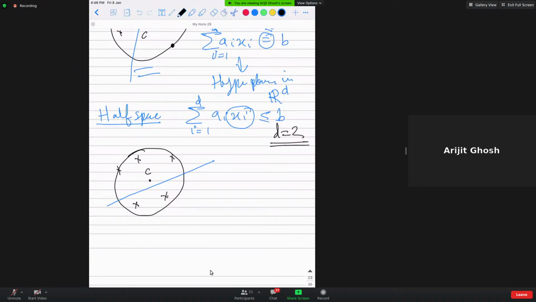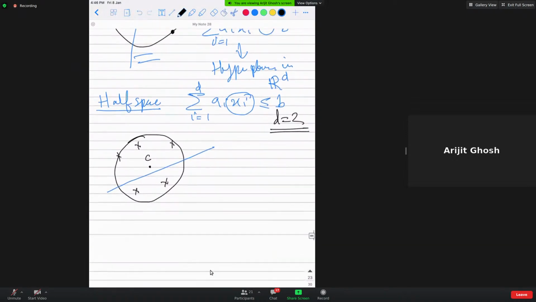Is this clear? That if a half plane contains the center of the minimum enclosing ball, then there will be a point in P that will be on the same side as C and will be on the boundary of the ball. That's the only thing we're using.